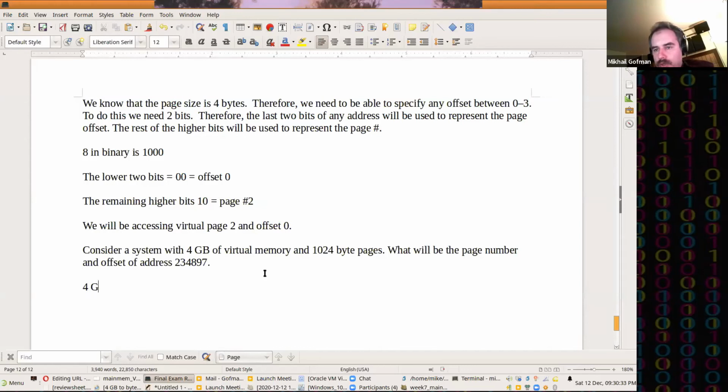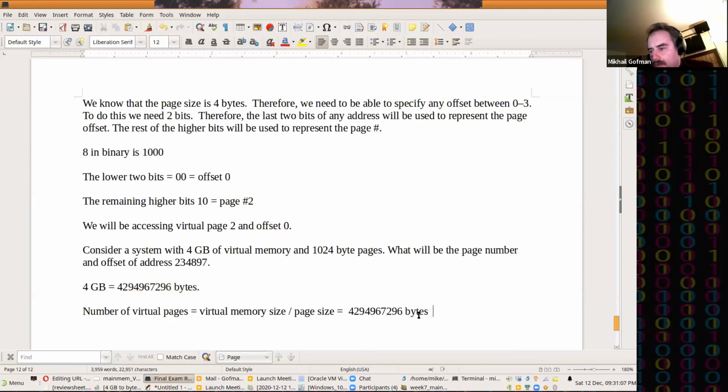So 4 GB is equal to this many bytes. Now the question is, how many pages will this memory space contain? The number of virtual pages is equal to virtual memory size divided by page size, which will be equal to this divided by 1024 bytes per page.